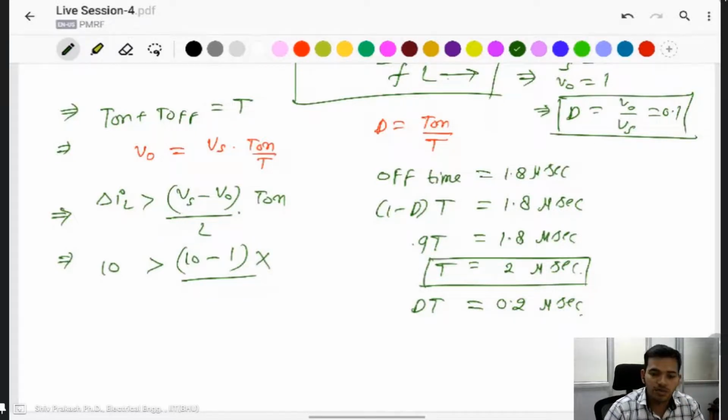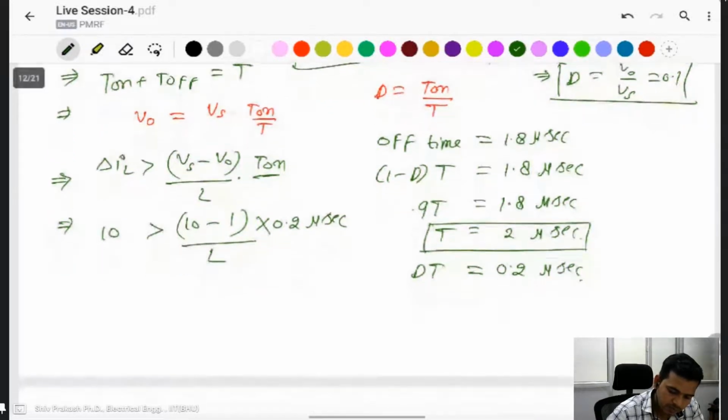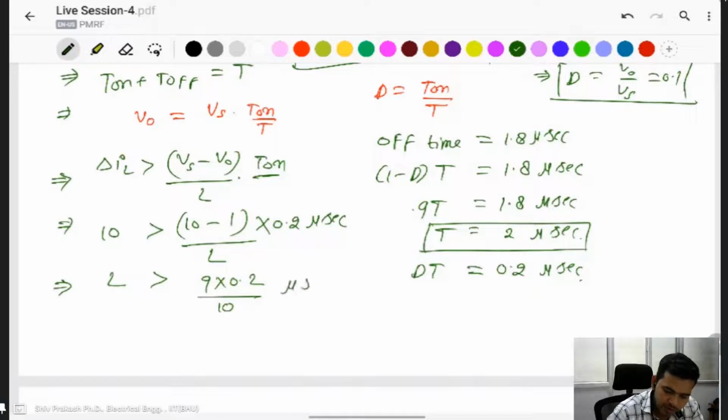If you use T on, or use DT, then with the duty cycle you find D in FL. If you directly use the T on, given as 0.2 microsecond, then L should be greater than 9 into 0.2 divided by 10 microsecond.